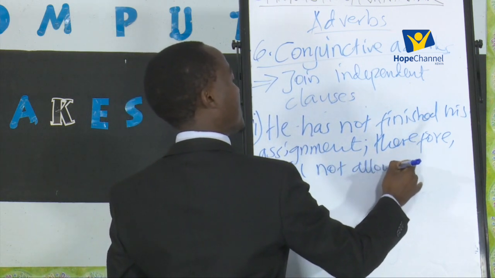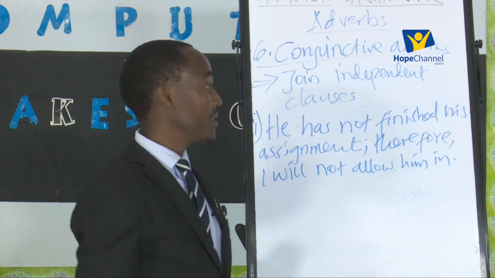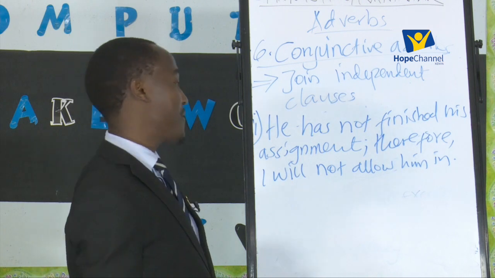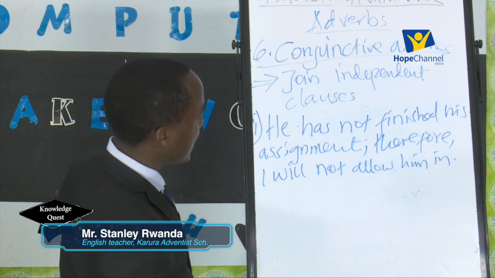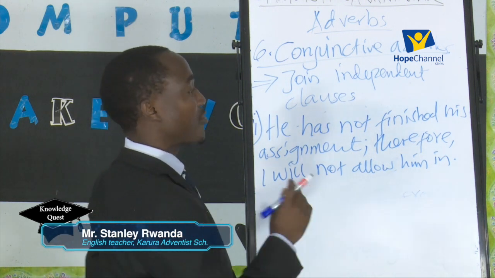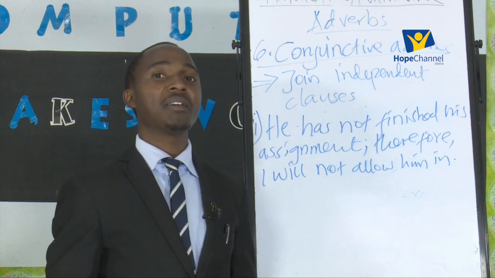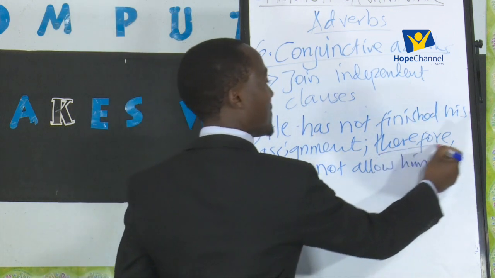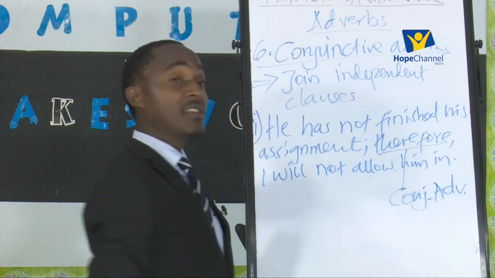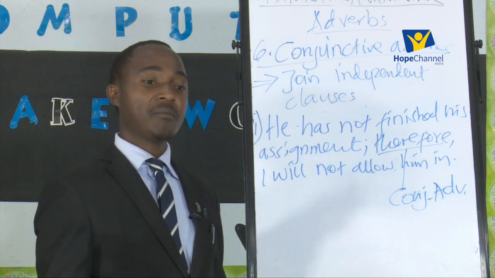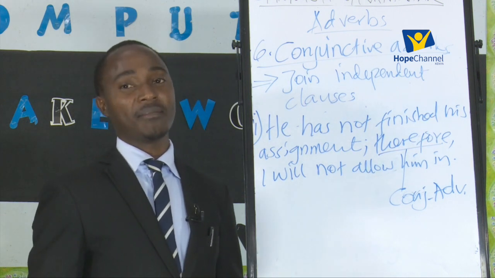So our sentence is, he has not finished his assignment; therefore, I will not allow him in. So how do we identify it? We have two main clauses. One, he has not finished his assignment, and two, I will not allow him in. Which word remains? Therefore. So therefore is our conjunctive adverb. And what this does is to link the two, to express the complete meaning, to tell us the consequence of him not doing an assignment. He will not be allowed in.